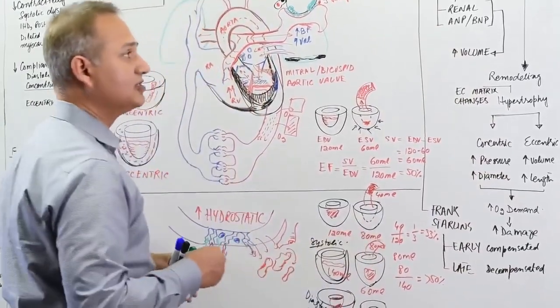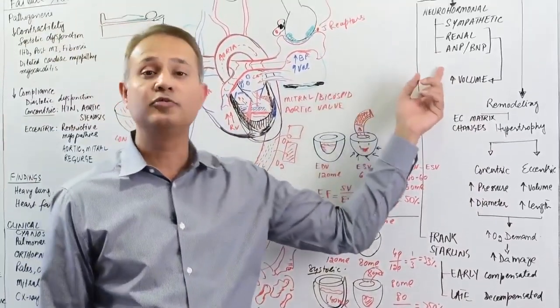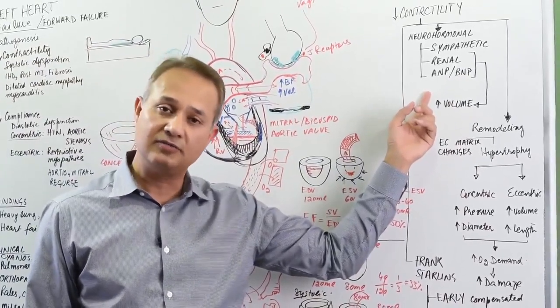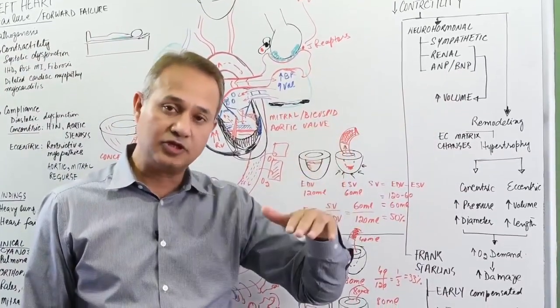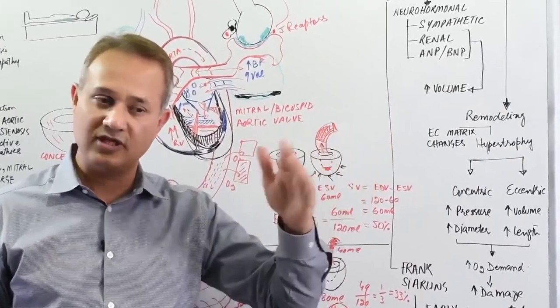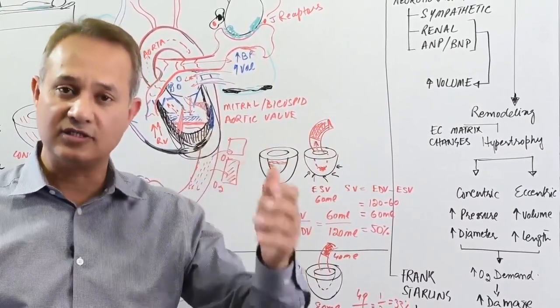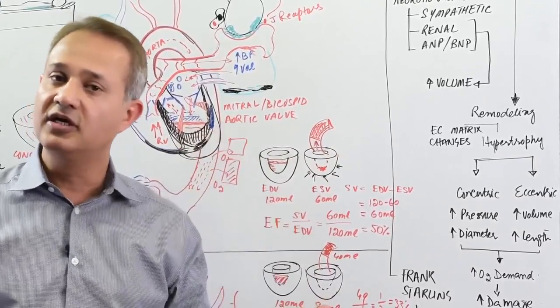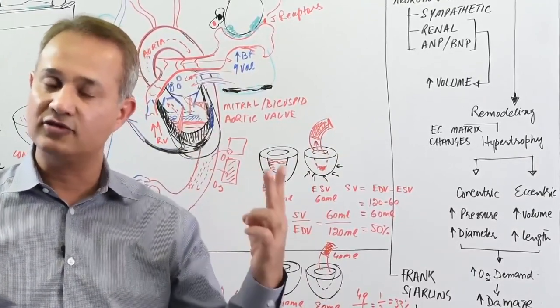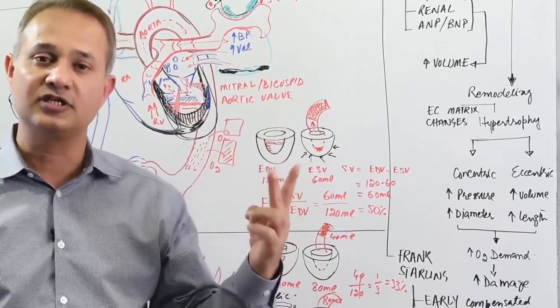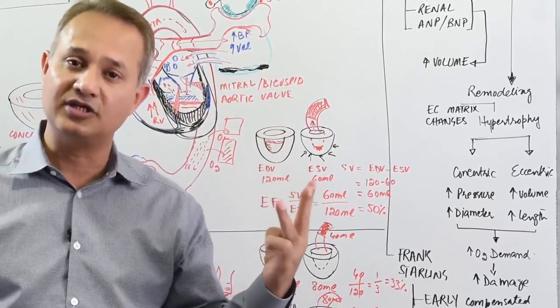ANP and BNP is really part of the neurohormonal compensation mechanism, in which as the cardiac output reduces, the sympathetic system becomes triggered within 30 seconds to 1 minute, and that brings in norepinephrine, that causes vasoconstriction, that also causes increased heart contraction, and the force of contraction is increased, conduction velocity is increased, and the heart rate is increased.